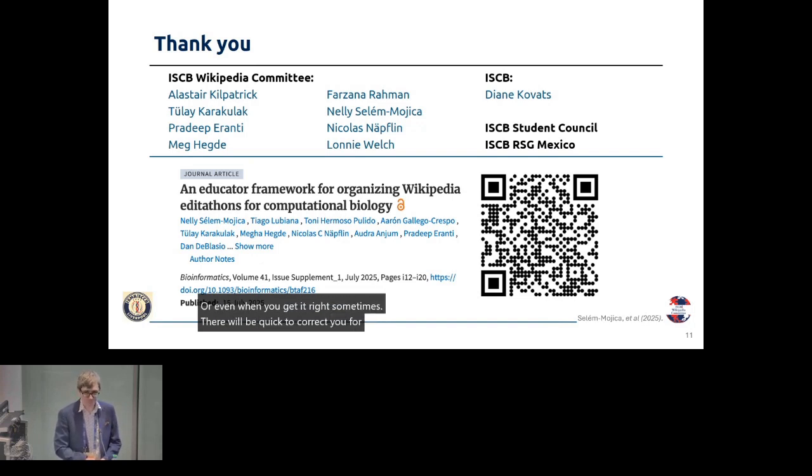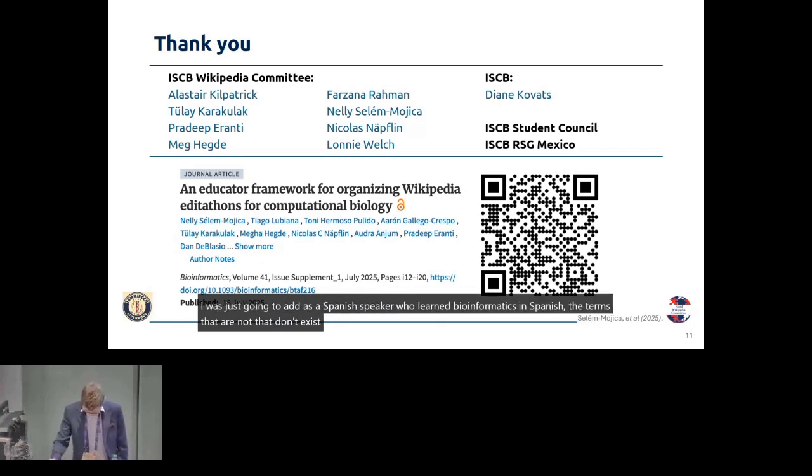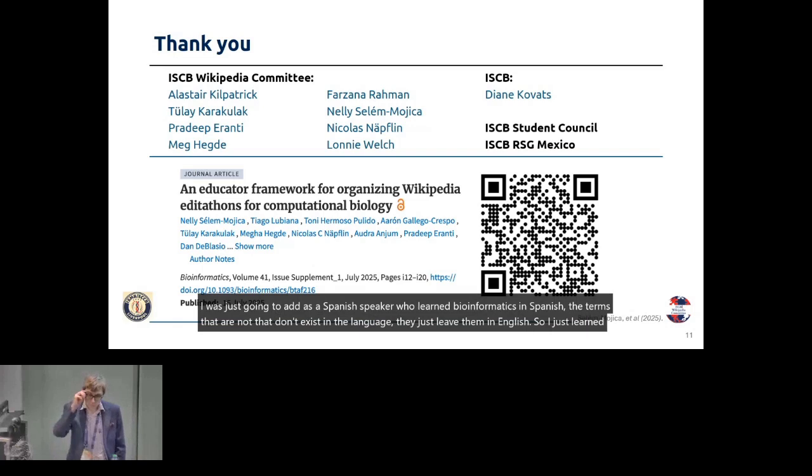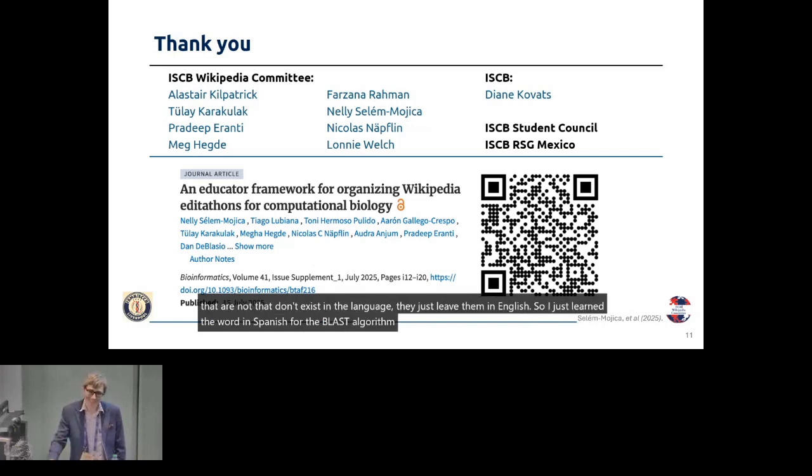I was just going to add, as a Spanish speaker who learned bioinformatics in Spanish, the terms that don't exist in the language, they just leave them in English. So I learned that as BLAST. There's a lot of crossover, at least with Spanish in particular, and in Mexico, of just getting the terms in English.